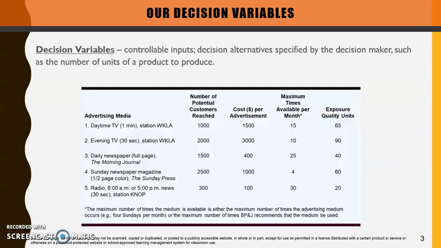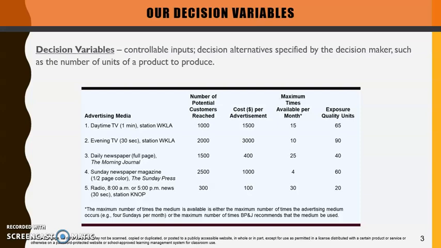In fact, to each medium, we assign a decision variable: to daytime TV, evening TV, daily newspaper, Sunday newspaper, and radio. For each of them, we have one decision variable, because for each of them, we need to decide about the number of advertisements.